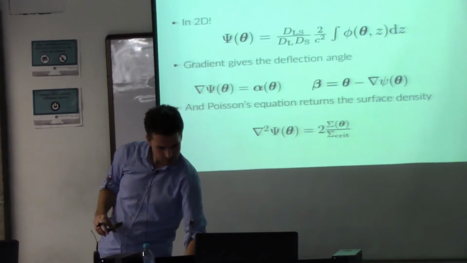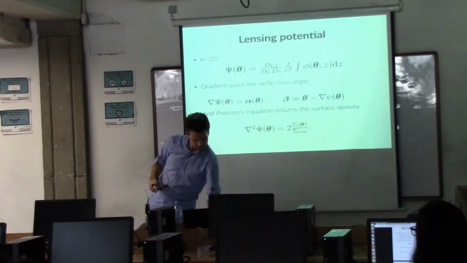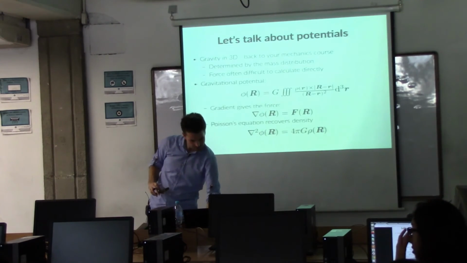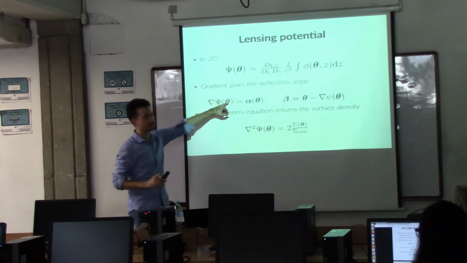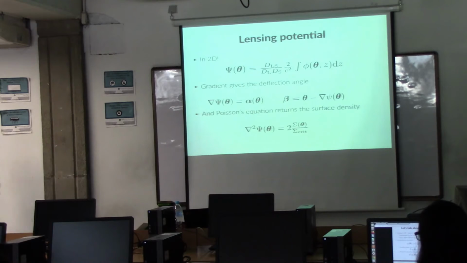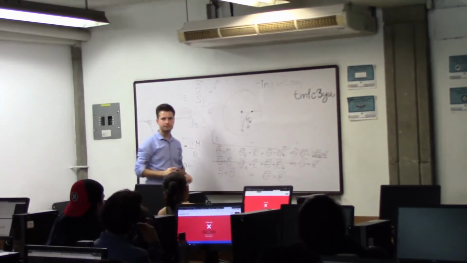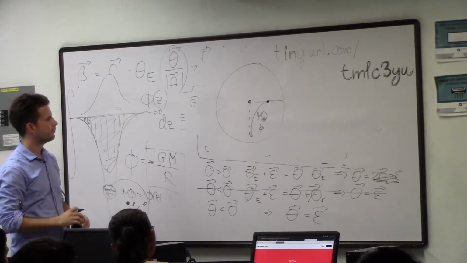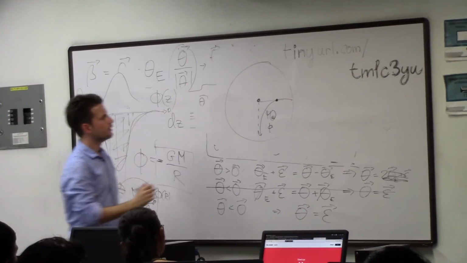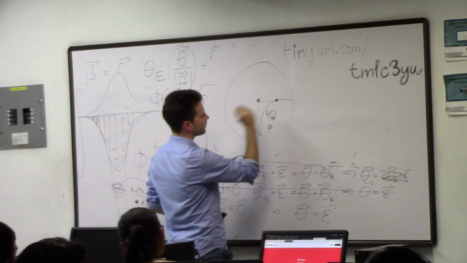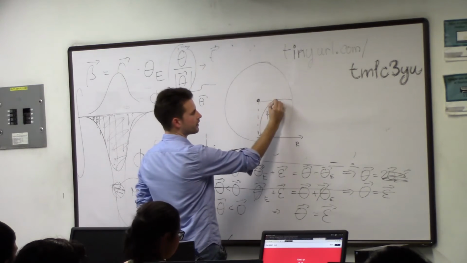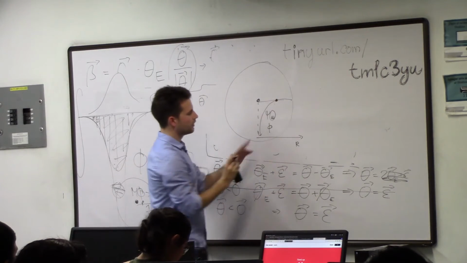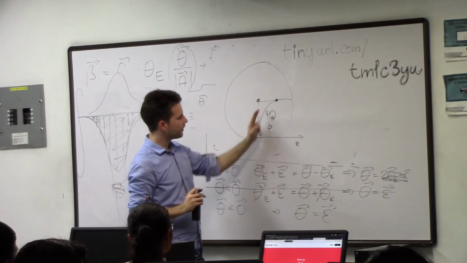Hang on. Oh yeah, this one. The gradient gives you the deflection angle. So if you are somewhere over here, the gradient, so if you take the local derivative of this, it is increasing with the radius, right?